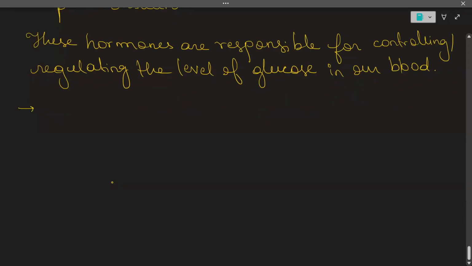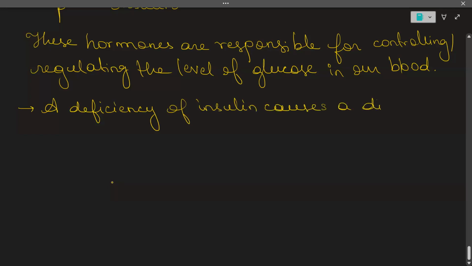So we can write that a deficiency of insulin causes a disease called diabetes mellitus.